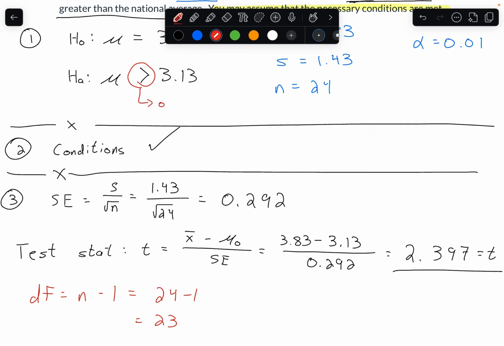This is a one-tailed test because we're only talking about the area on one side of my distribution, to the right. Only if it says not equal to would we use a two-tailed test. If it's less than or greater than, that falls under a one-tailed test. So we have everything we need. My degrees of freedom are 23, and we're ready to calculate our p-value.